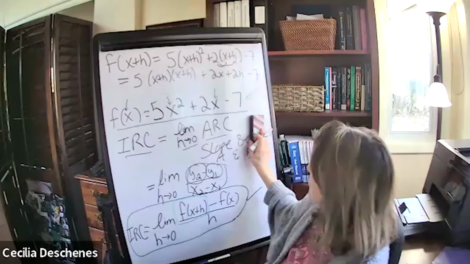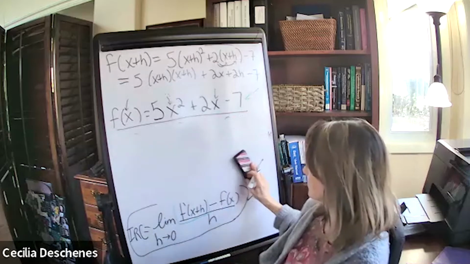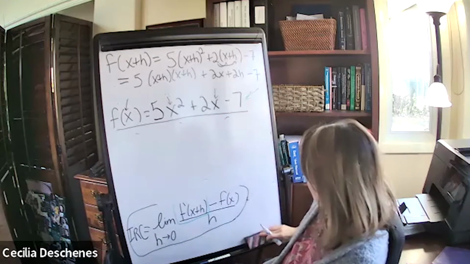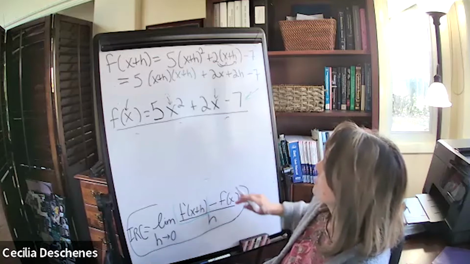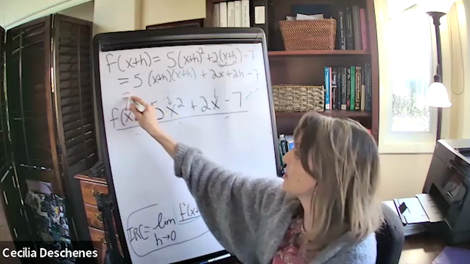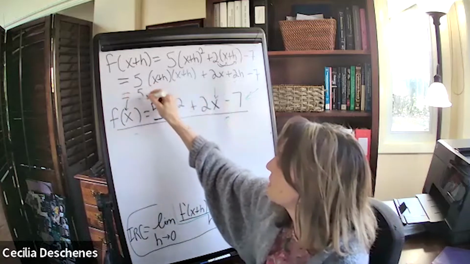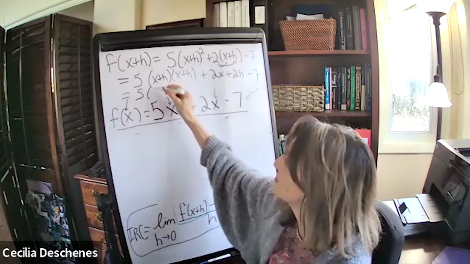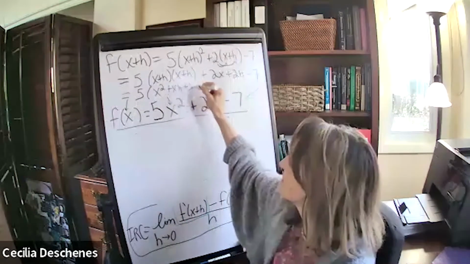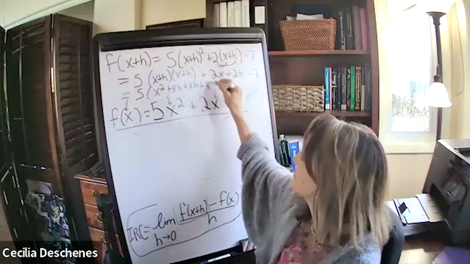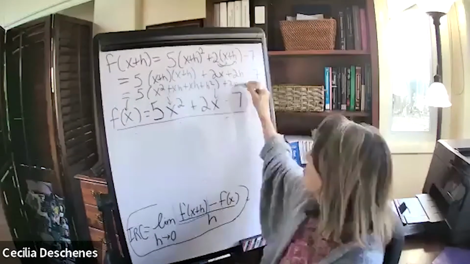So I'm going to erase this part down here. Is it too tight for me to write in here? Can you guys see what I write in here? If I say this is 5 times, and I FOIL this out, I get x squared plus xh plus xh plus h squared, and then plus 2x plus 2h minus 7.